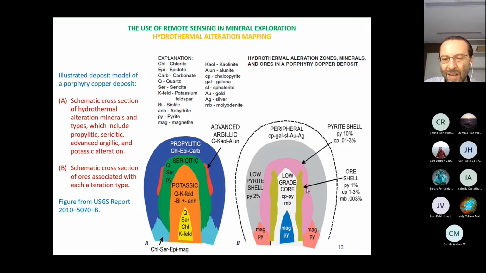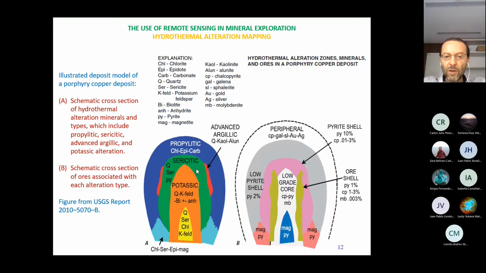So you see here to the right, this is the ore shell. So if you have this potassic zone, imagine it as a cylinder, and kind of surrounding it, or at the margins of it, theoretically you get the concentration of metals. And this ore envelope is at the boundary with another alteration zone, which is called sericitic. Sericitic because here you have dominantly a mineral called sericite, and sericite is a fine-grained mica.